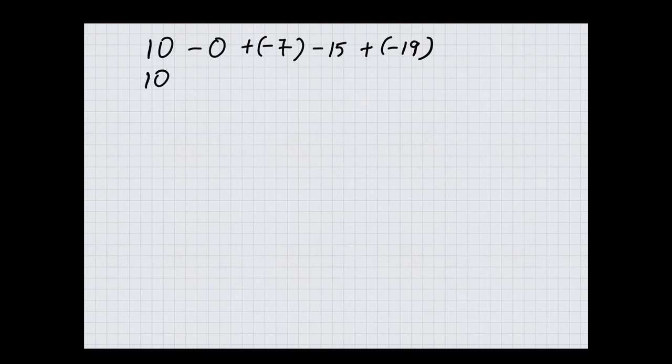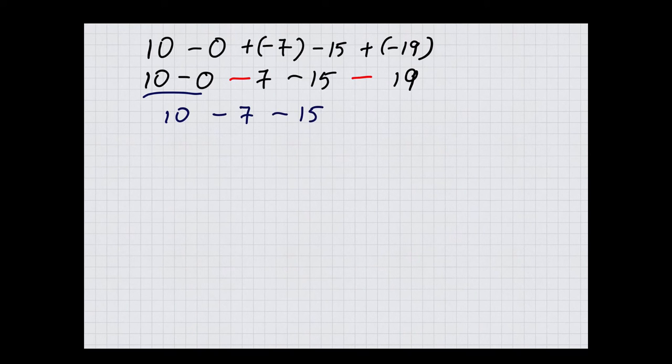We have 10 minus 0, positive times a negative, negative 7 minus 15, positive times a negative, we have negative 19. Now we want to combine numbers from left to right. So we have 10 minus 0 is 10, minus 7, minus 15, minus 19.